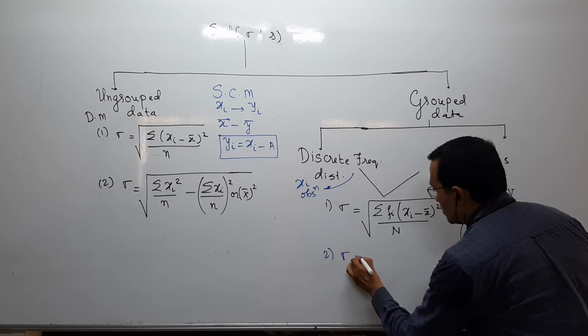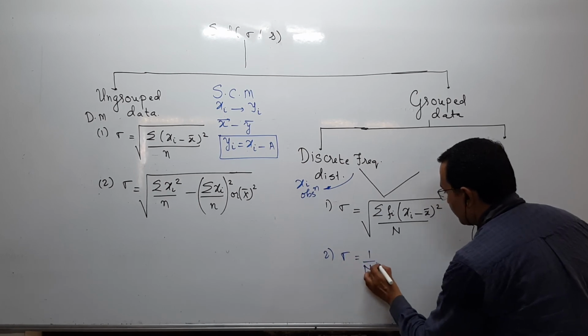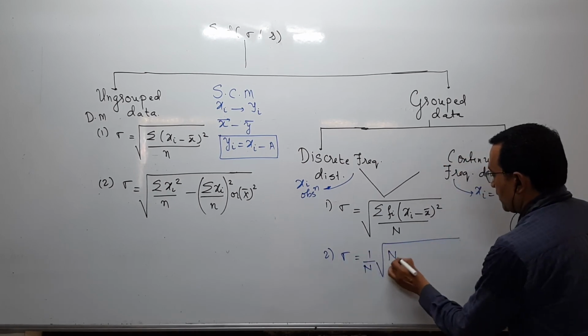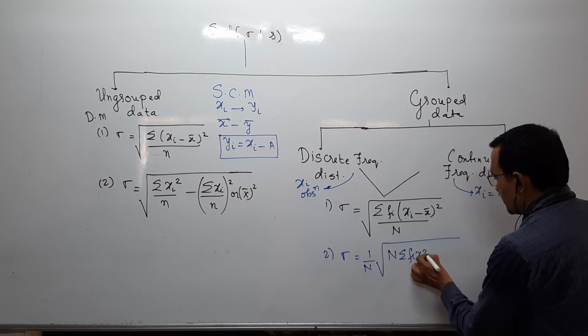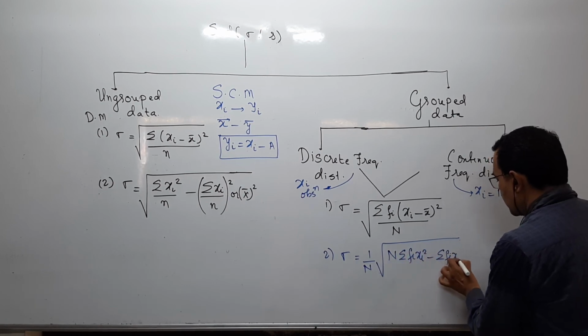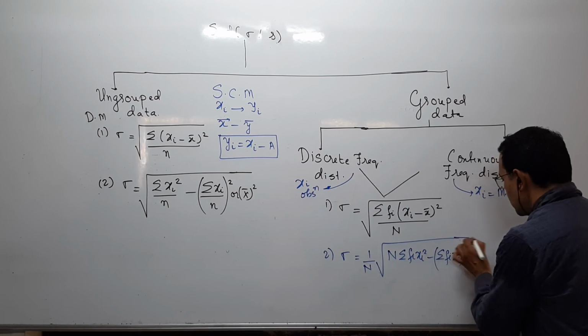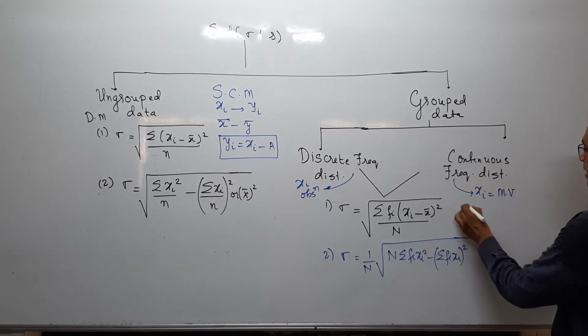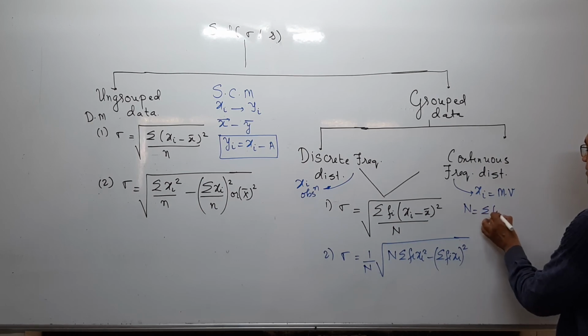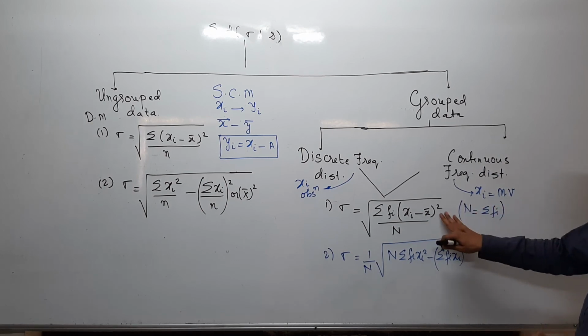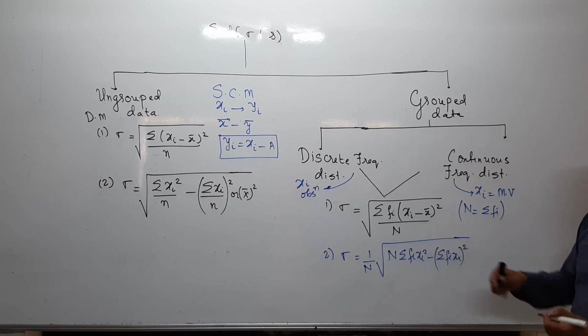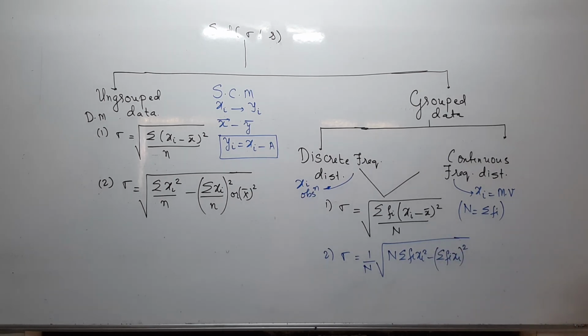Second formula goes in this form: 1 by n positive square root of n into summation fi xi square minus summation fi xi the whole square. Here n is total frequency, and still the criteria remains same. First formula is preferred when x bar is an integer, and second formula is preferred when x bar is not an integer.